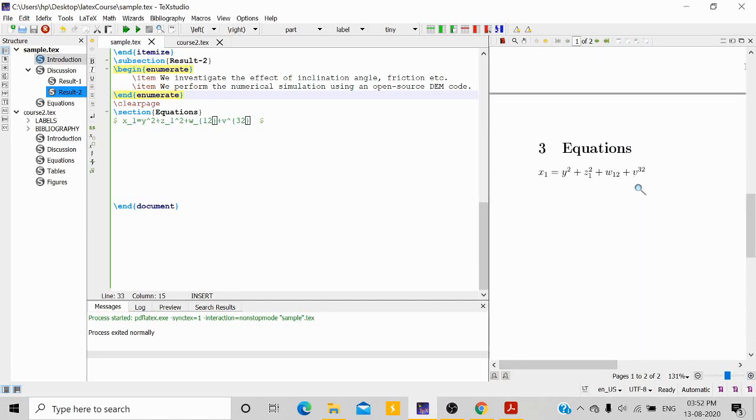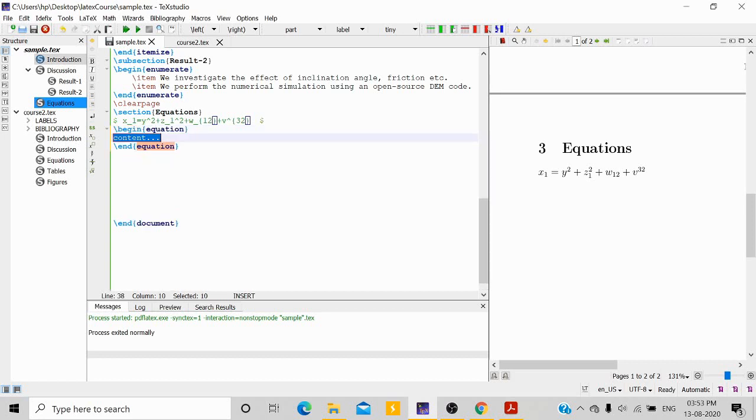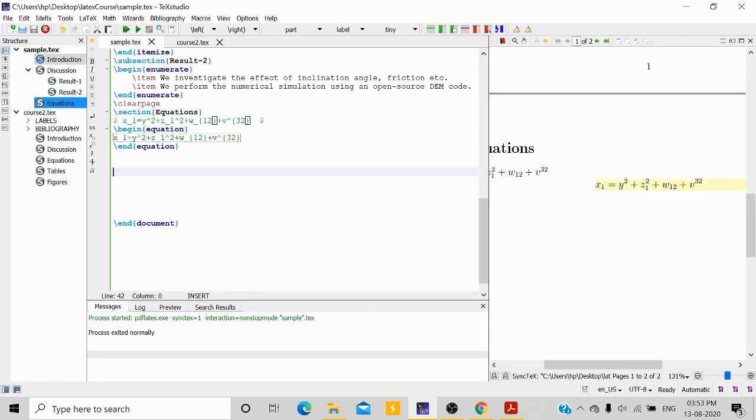You see the equation, but there is no equation number. The same thing I'll write, but within begin equation and end equation. I wrote the same equation within begin equation and end equation; you don't have to put the dollar signs again.